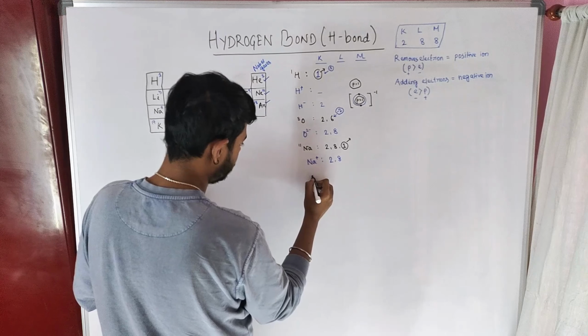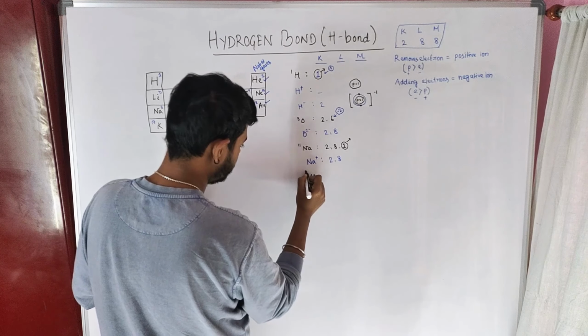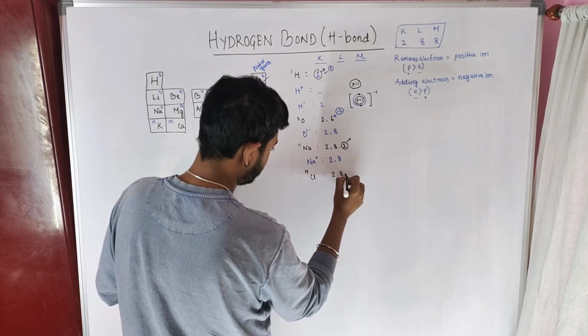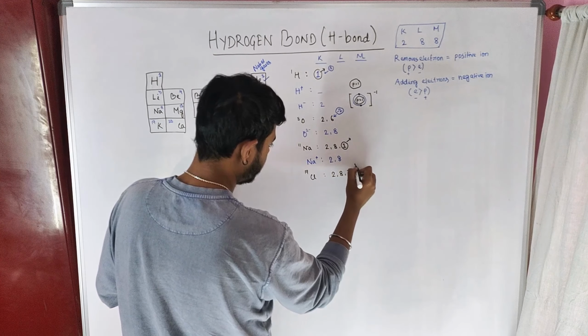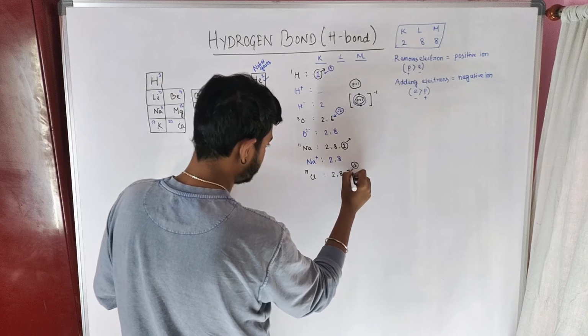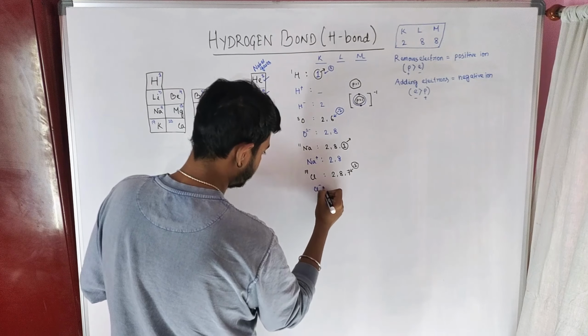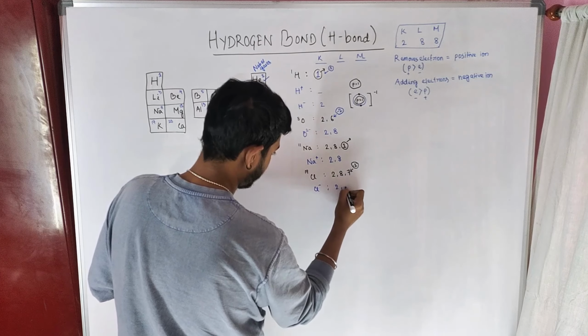And next is chlorine, 17, 2,8,7. So it will take in 1 electron in its outermost shell and will become a chloride ion, which is a negative ion.